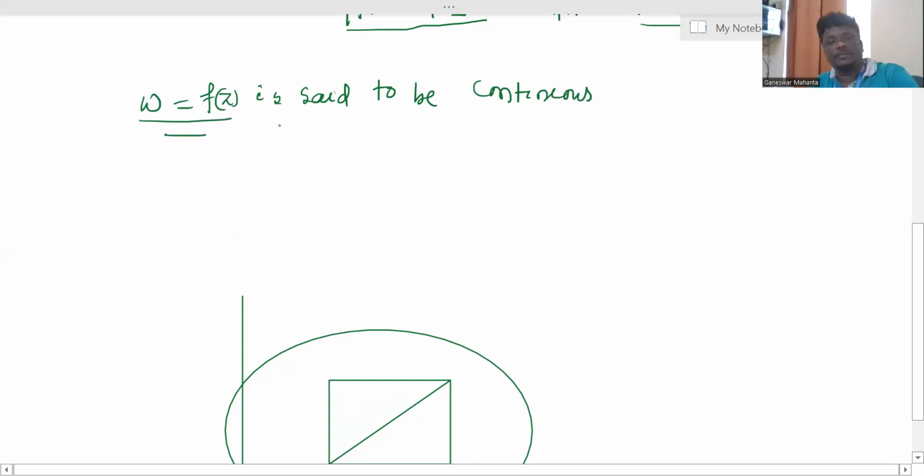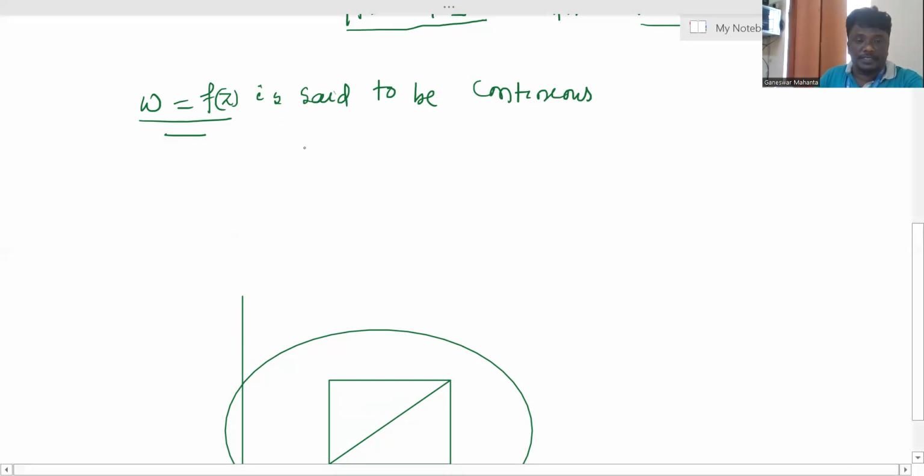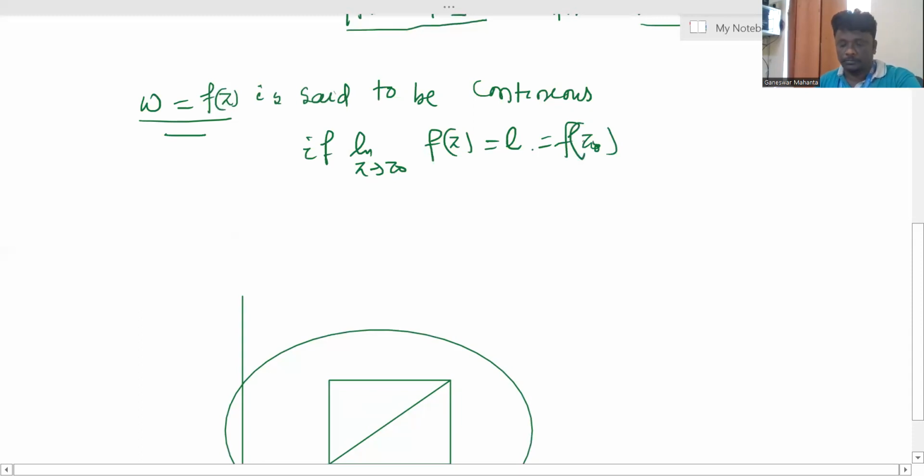For which condition is this satisfied for a continuous function? If the limit as z tends to z0 of f(z) equals f(z0), then it is a continuous function.